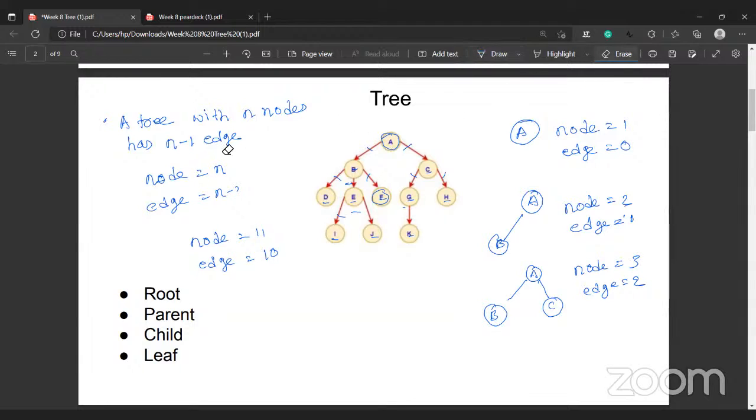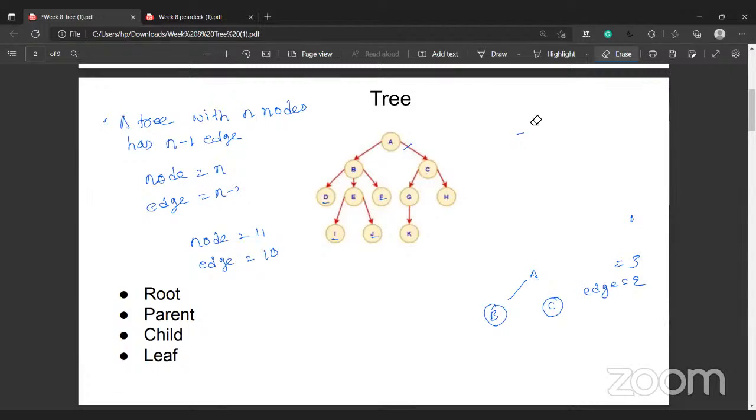Okay, so let me remove. Then root of the tree.